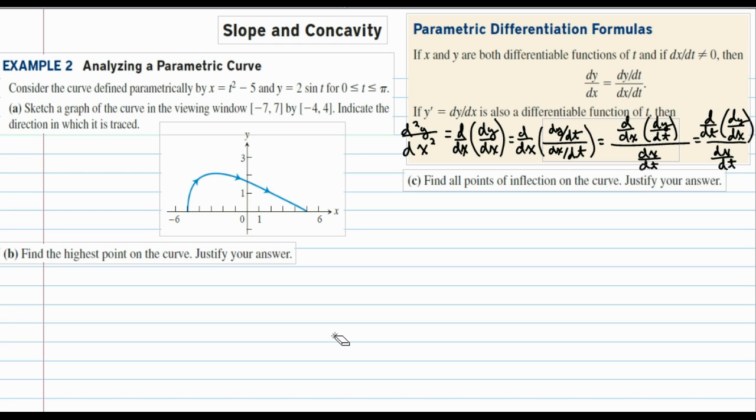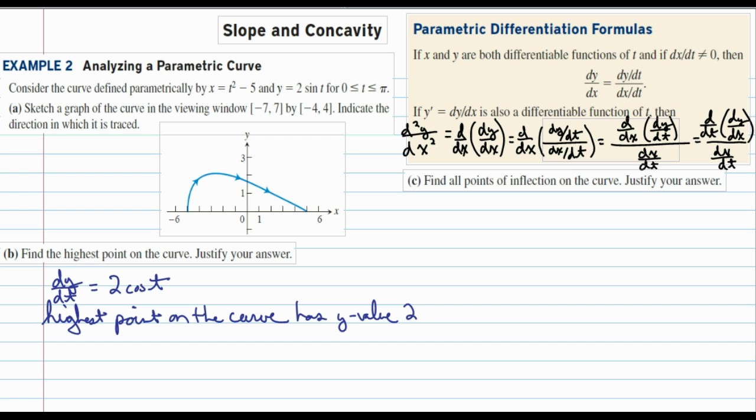Well, highest is a y value. So I want to find the highest, the maximum y value, which means I'm going to take the derivative of y with respect to t, which is 2 cosine of t, since the derivative of 2 sine t is 2 cosine t, and I'm going to find its maximum. So the highest point on the curve has a y value of 2 because cosine's maximum value is 1.